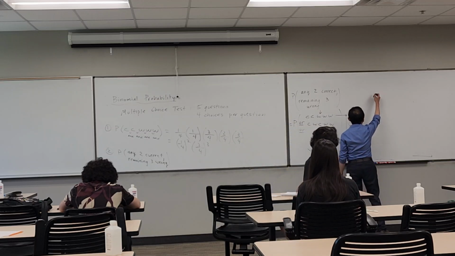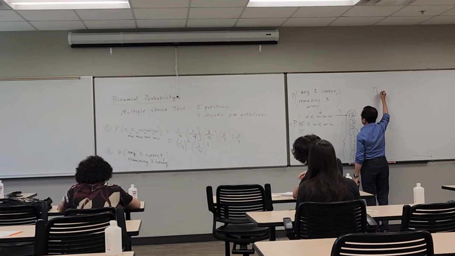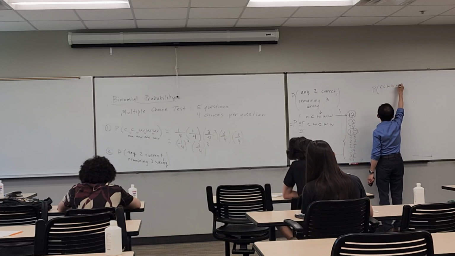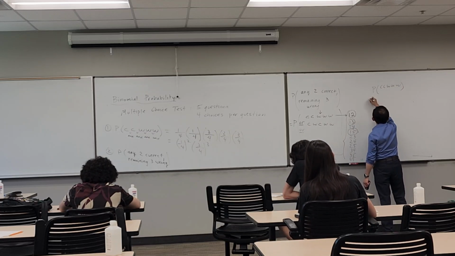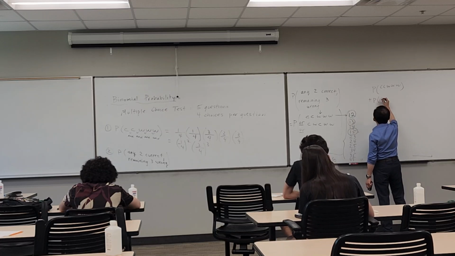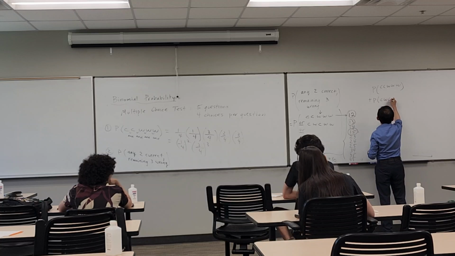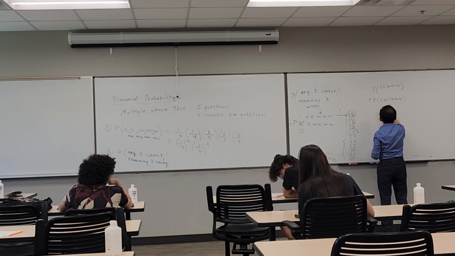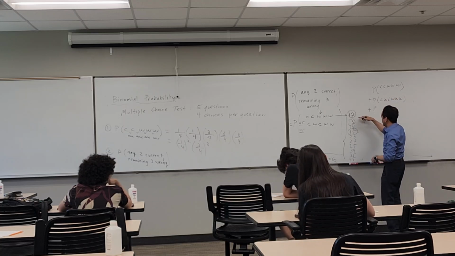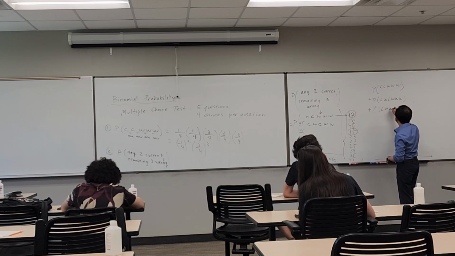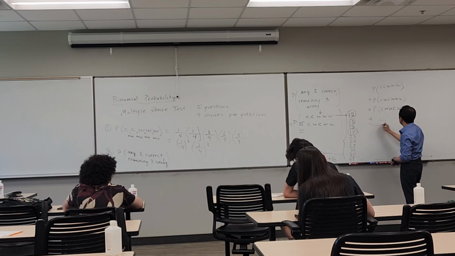So now this will end up being the probability of the first event, CCWWW, plus the probability of the second event, which is, yeah, the first and the third, plus the probability of the third event, which is 1 and 4 being correct, and so on, until we have a total of 10.